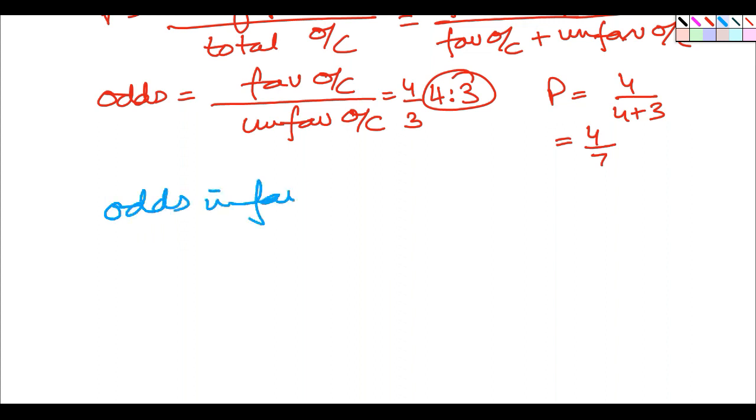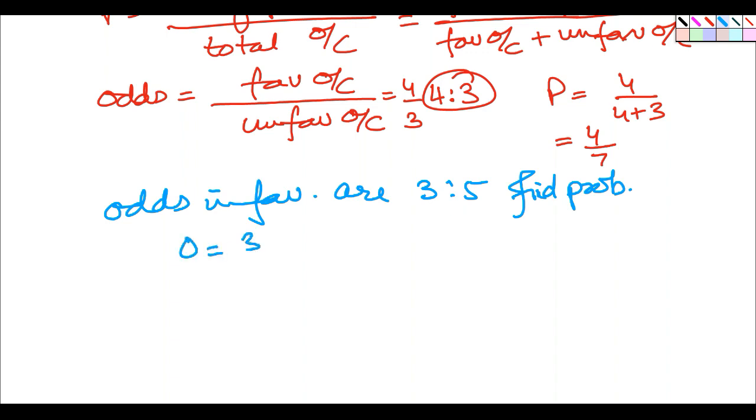Odds in favor are 3:5. Find probability. Now odds are 3:5. So probability will be 3 upon 3 plus 5, making it 3 by 8.